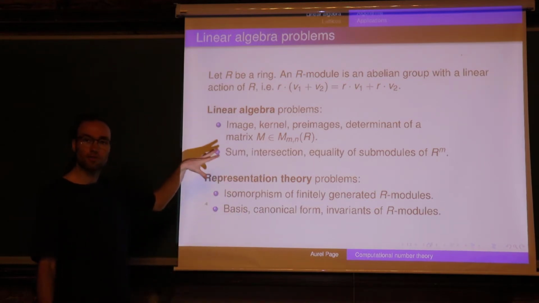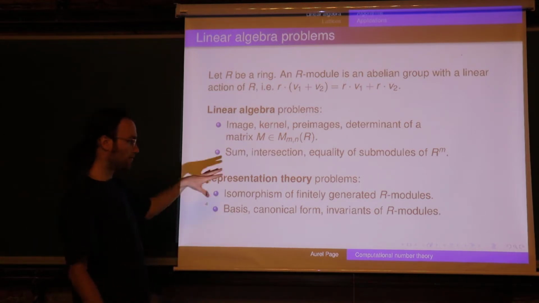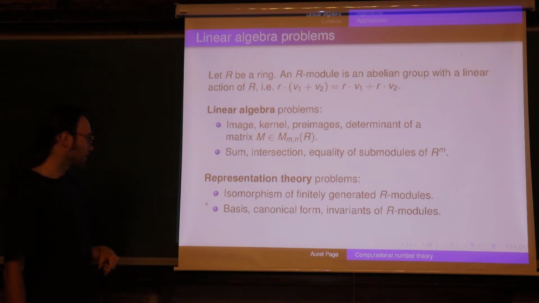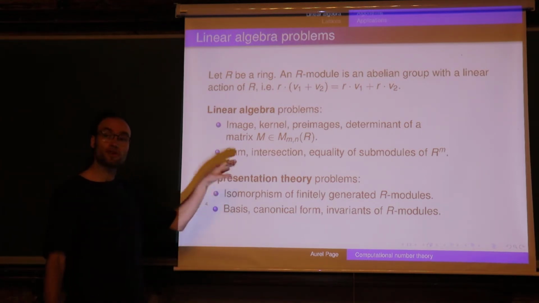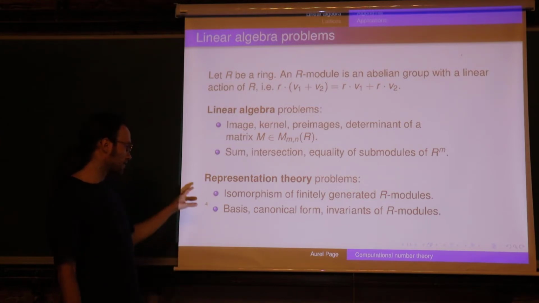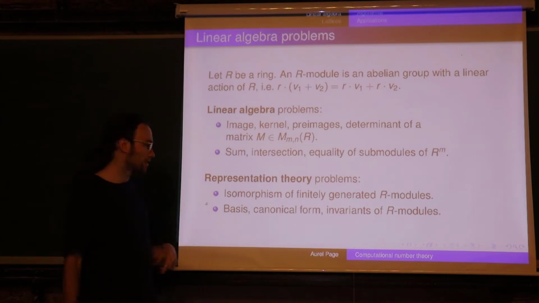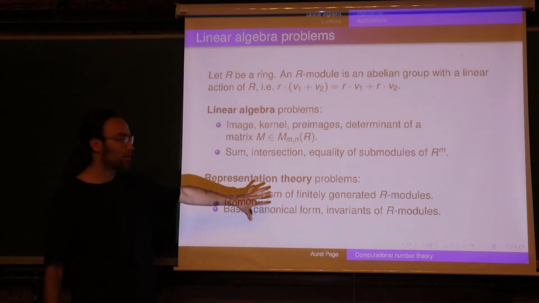I will show you an example just after this to show you why I really think of this as being harder. And so what I call representation theory problems is isomorphism of modules and things like basis, canonical form, invariants of R-modules. So for vector spaces, these things are not actually harder than this.